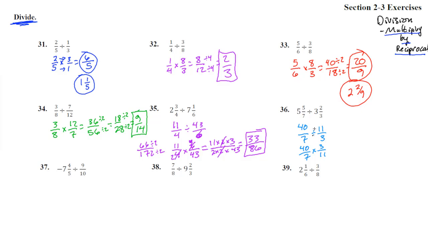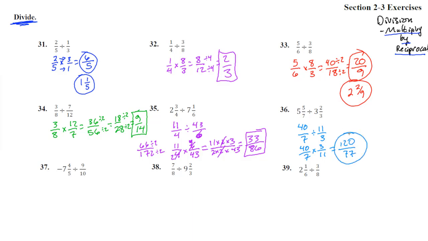So that's a division problem. 40 times 3 is 120, and 7 times 11 is 77. Any simplifying? Let's look back here. Can 3 go into either of those? Nope. Can 7 or 11 go into 40? Nope. And so we actually can't simplify that. So that's a good answer.